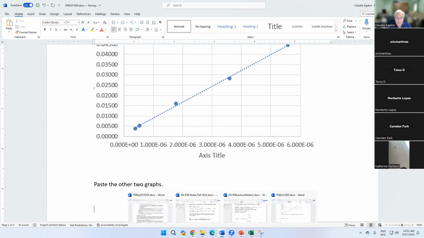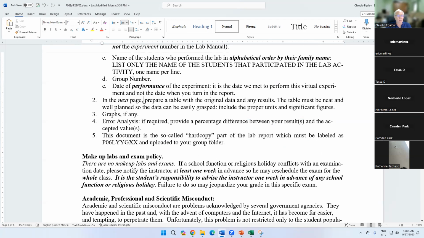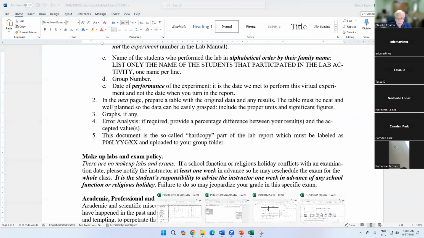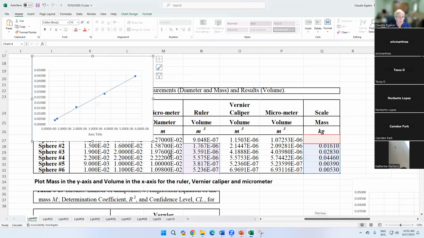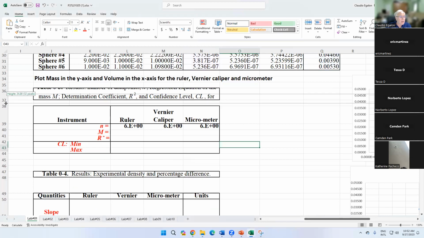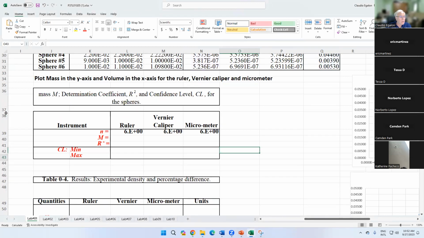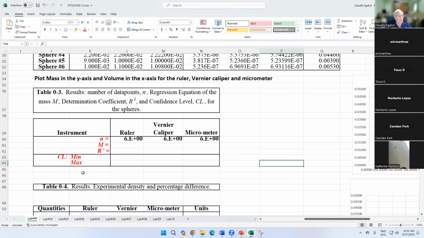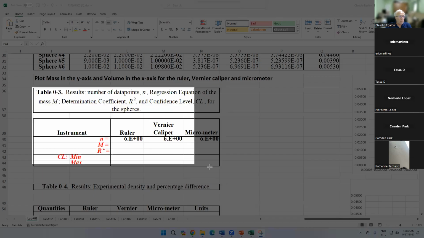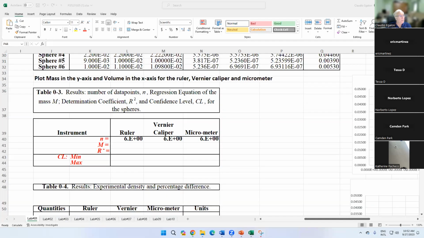Okay, next. Here you go. Graph, error analysis. What's considered error analysis? Error analysis considers the percentage difference, okay? And we will go there, here you go. Don't forget to go again to the snipping tool, highlight, copy, and paste.